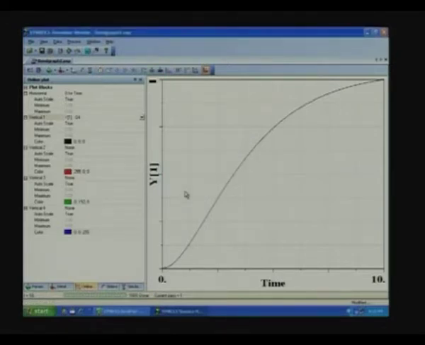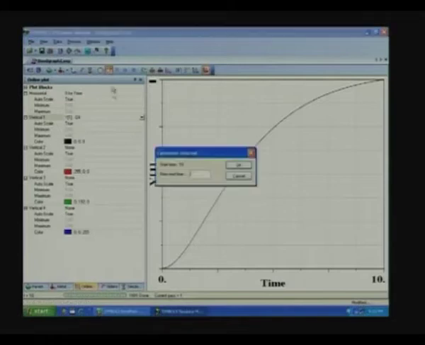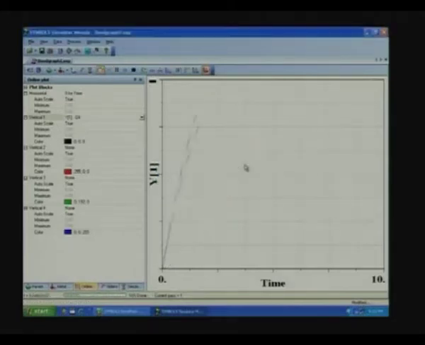Okay. So, this is the kind of response you expect from a critically damped system. It is reaching that, not yet. You want to simulate further? Let us see for a longer time, 20 seconds. Fine. It is reaching that value, but never going above.